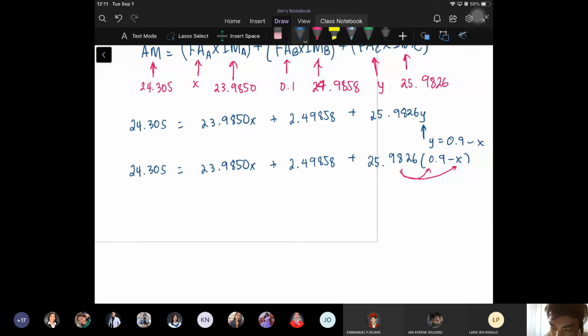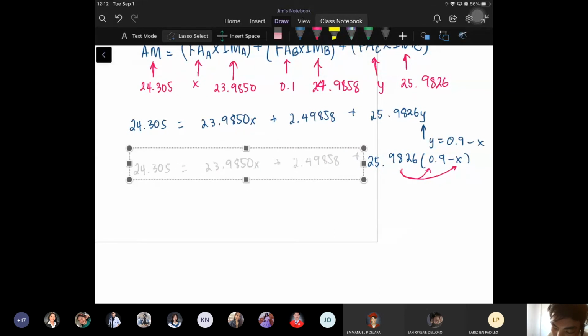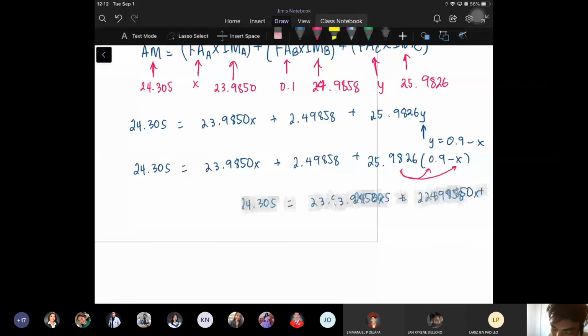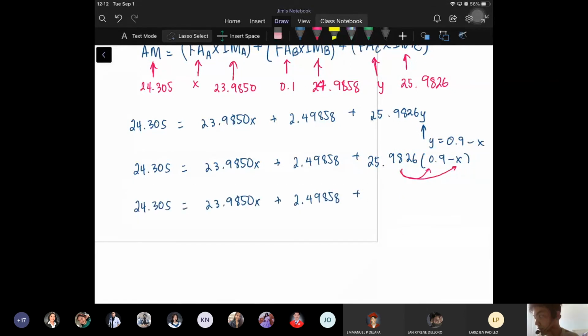So, I will multiply 25.9826 by 0.9. The product is 23.38434.